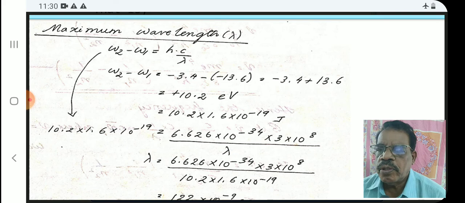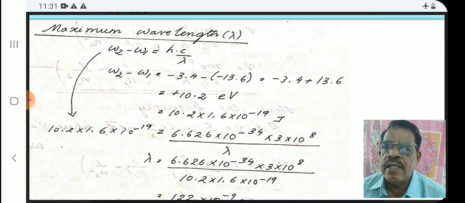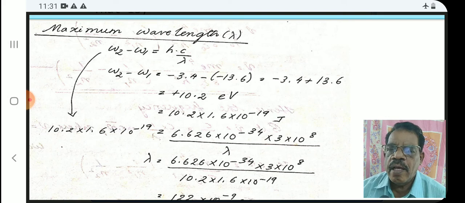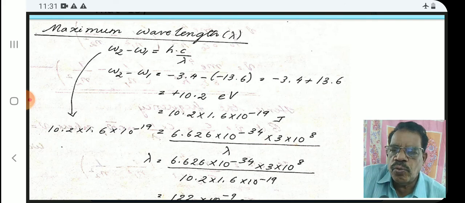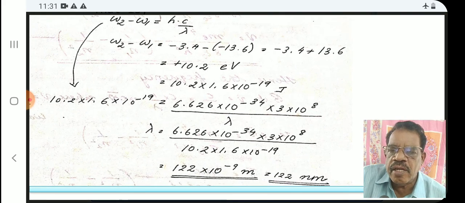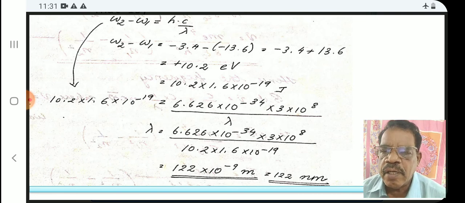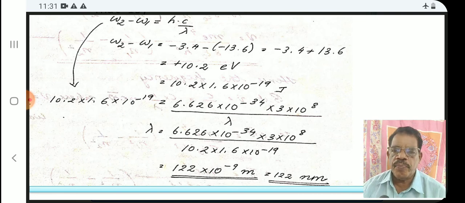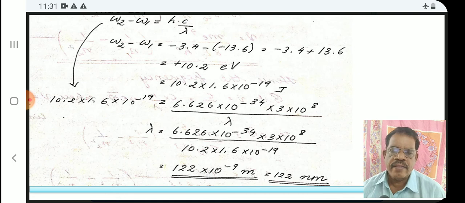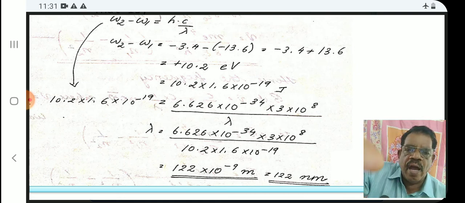That is hc by lambda: 6.626 into 10 raised to -34 into 3 into 10 raised to 8. Lambda we calculate by cross multiplication. We get 122 into 10 raised to -9 meter, that is 122 nanometer. 10 raised to -9 meter is 1 nanometer.